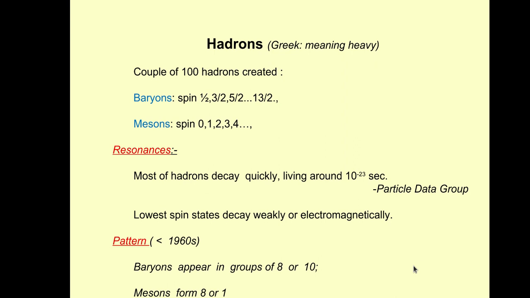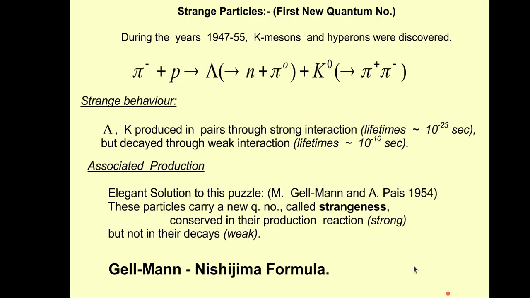So this interesting pattern of 8 and 10, particularly 8, inspired Gell-Mann to propose a typical symmetry, which is named the eightfold way, or formally we will call it the special unitary group in three dimensions.